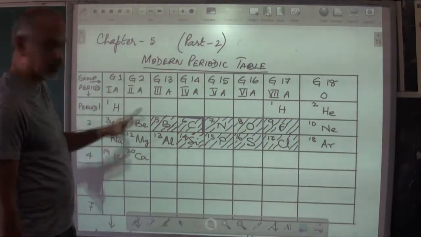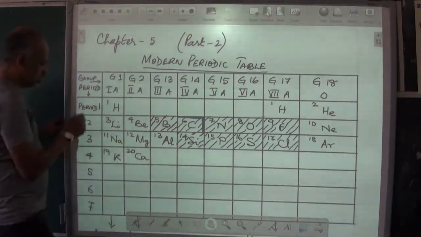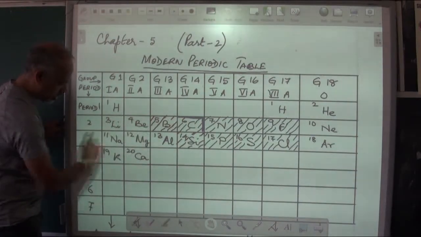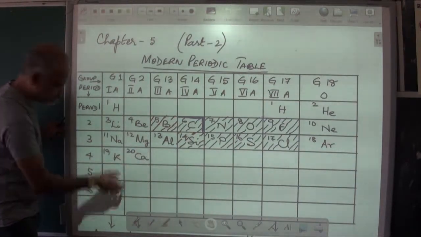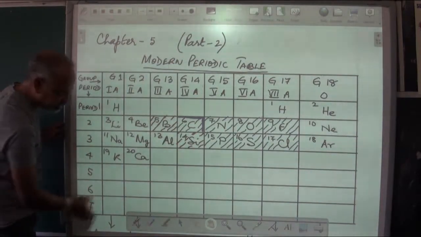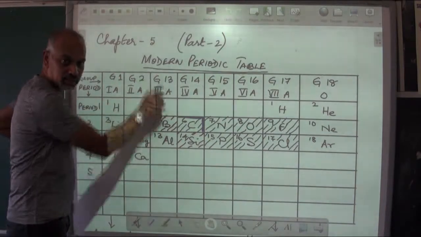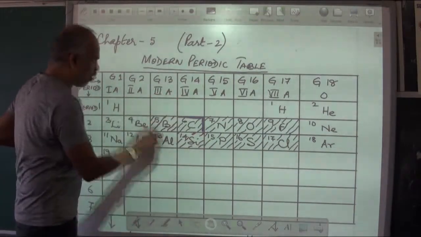Now, about the arrangement. As I told you, this way are called periods. There are 7 periods, 1, 2, 3, 4, 5, 6 and 7. And this arrangement, that is vertically, are called groups.